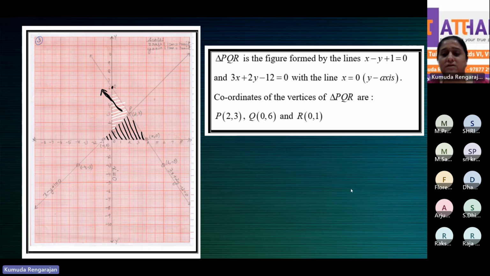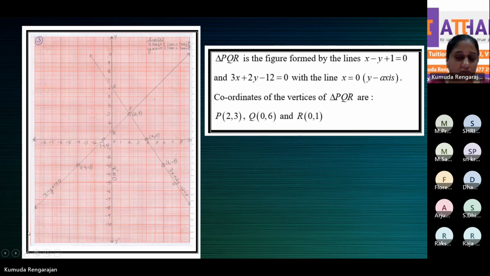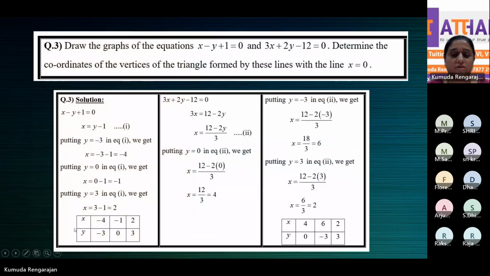All right. Next one. So I'll allow you to take a screenshot of these two images. Yeah, take a picture. Because most of you have not done it on a graph paper, so you may need the answer.